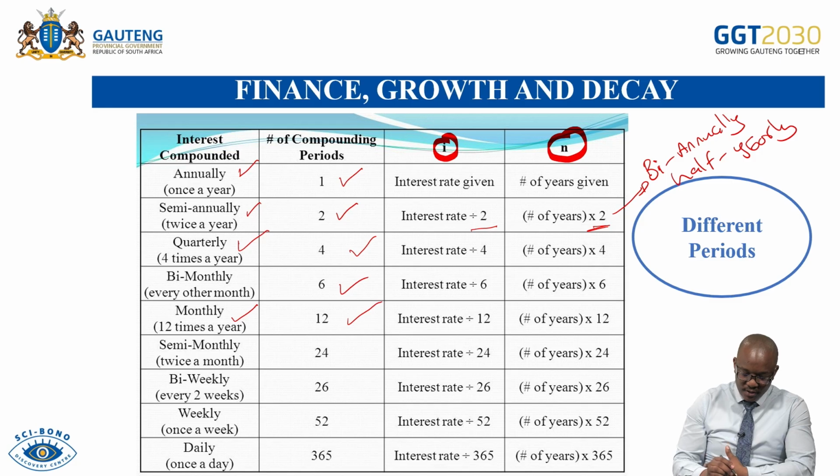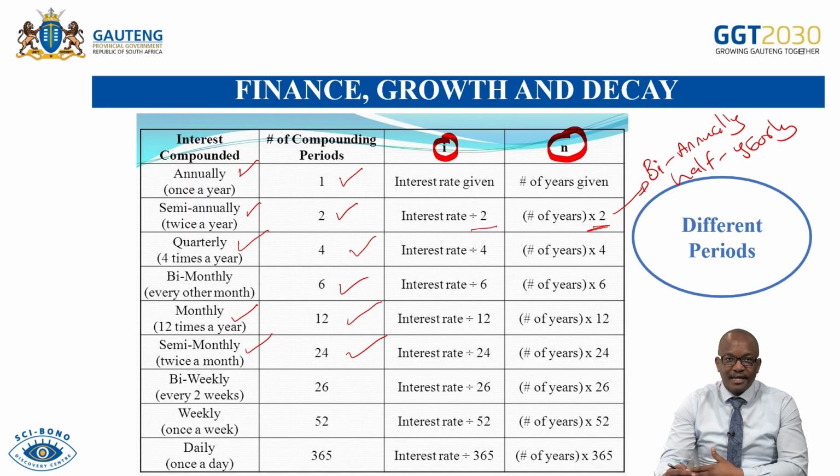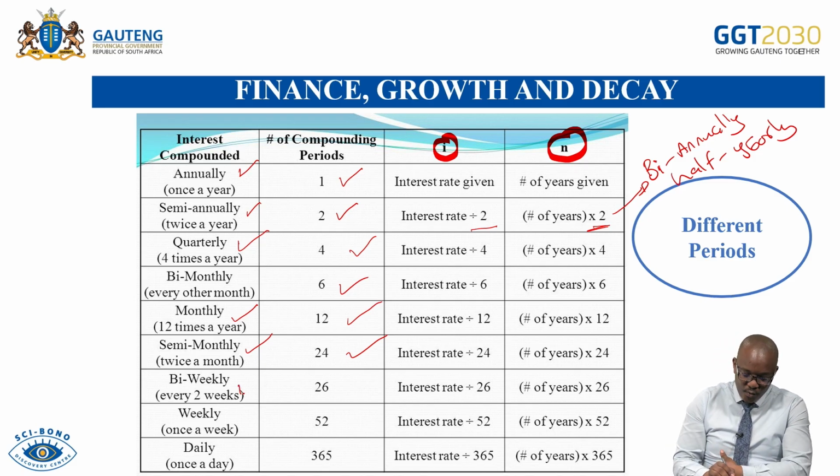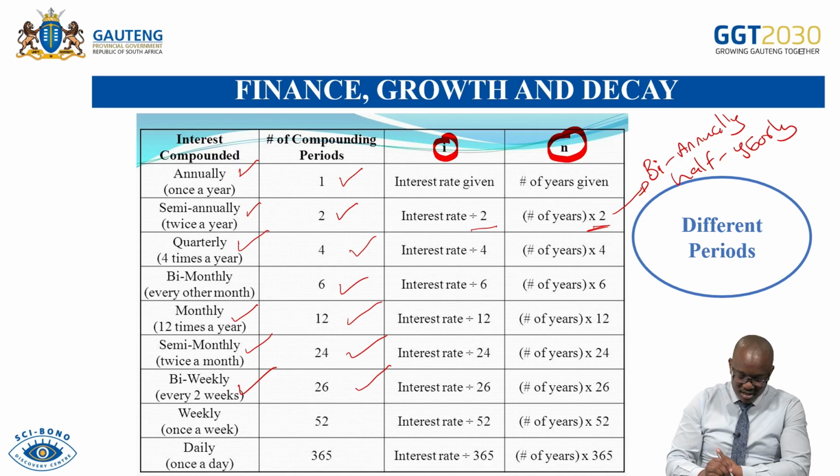Then we also have semi-monthly, which is 24 times in a year. Remember, when we're saying semi-monthly, it means each and every month the interest is charged twice. So you're saying 2 times 12, you get 24. Then bi-weekly, then we also have 26. And remember, your interest will be charged weekly.